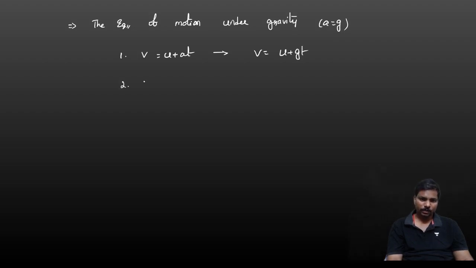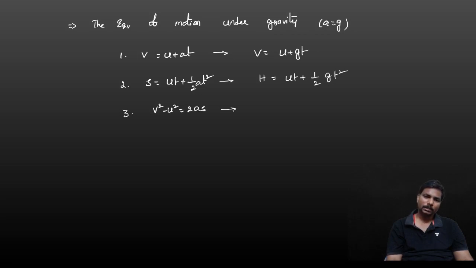Second: s is equal to ut plus half at square. Here s is a height generally, so h is equal to ut plus half gt square. Third: v square minus u square is equal to 2as, which becomes v square minus u square is equal to 2gh. So these are three equations.